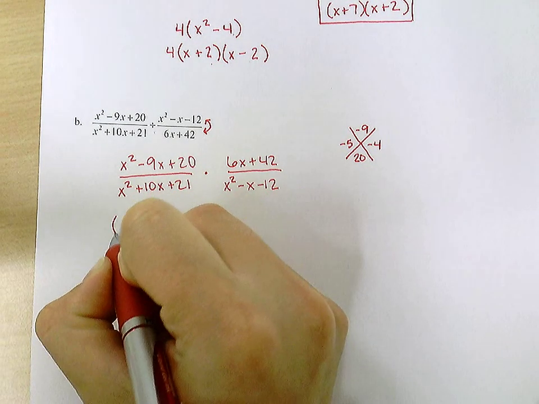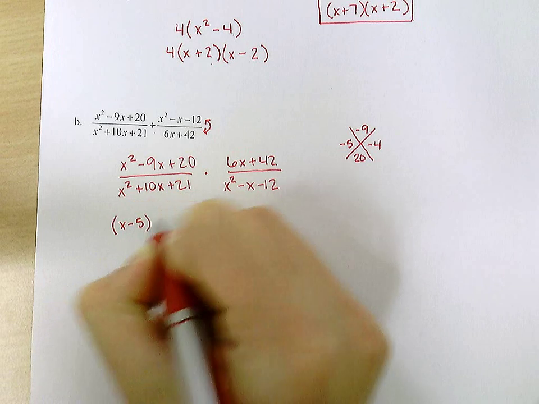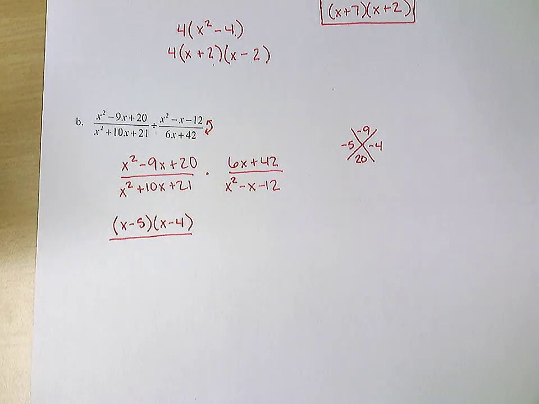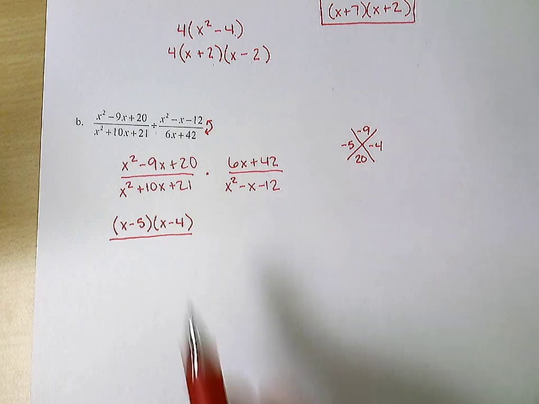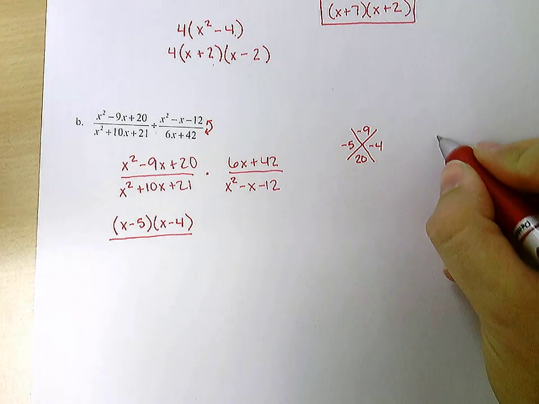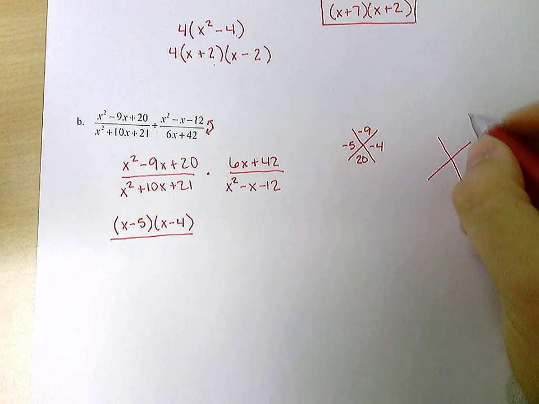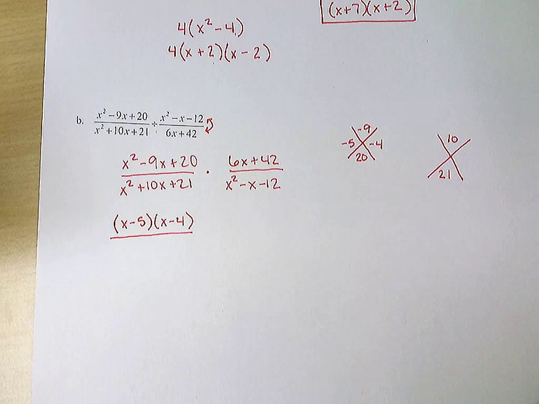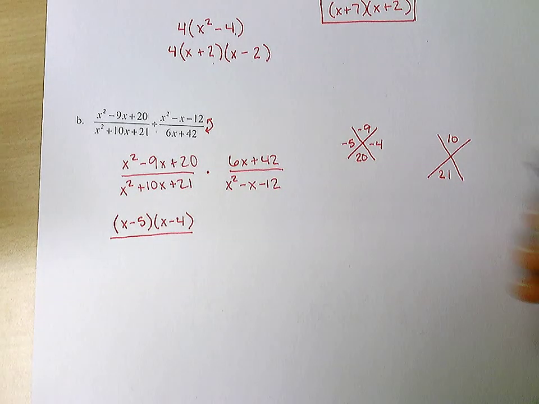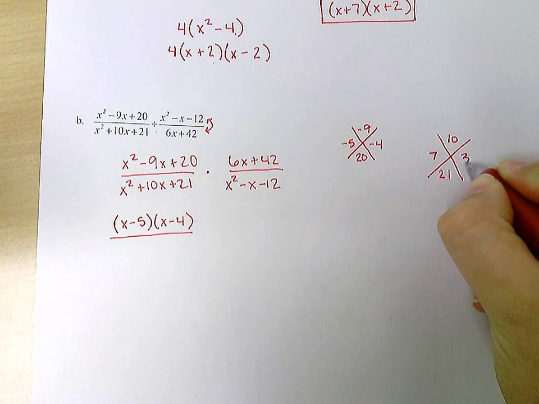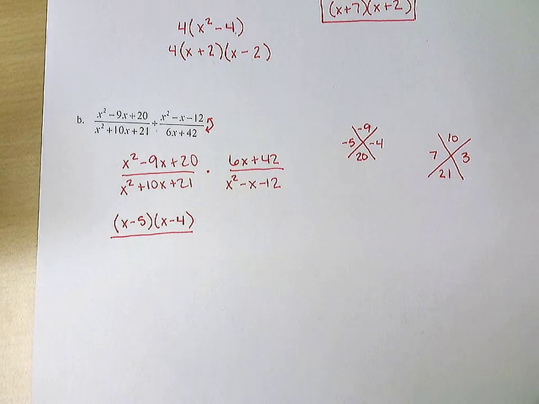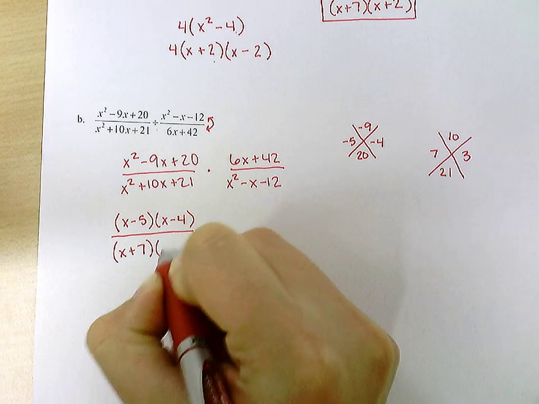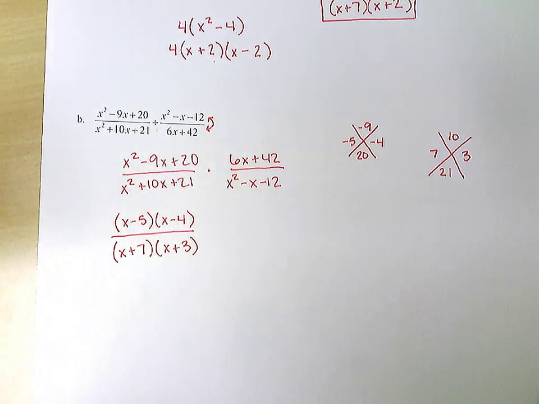So I would factor that numerator into x minus 5 times x minus 4. Okay, next I want the denominator. So factoring the denominator, using our x, adds to 10, multiplies to 21. That is 7 and 3. So I would have x plus 7 times x plus 3.